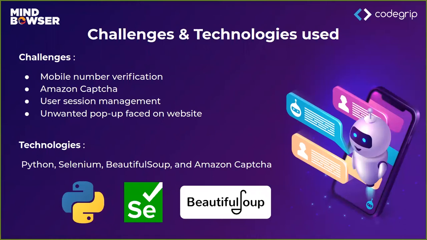For this POC, we used a new account. So we faced that issue because we have to allow the link every time that Amazon sends us. So it takes too much time.